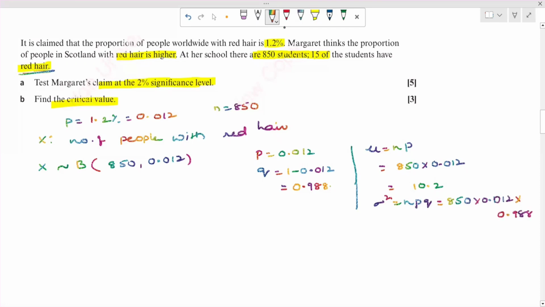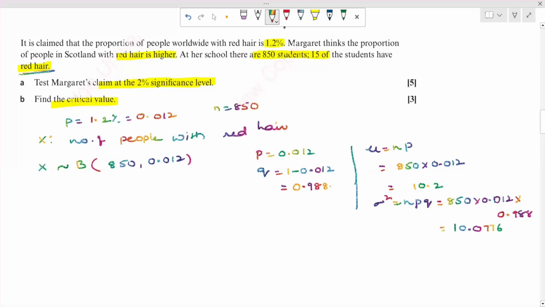If you simplify that, it will be 10.0776.